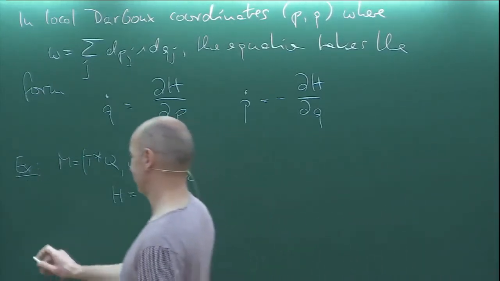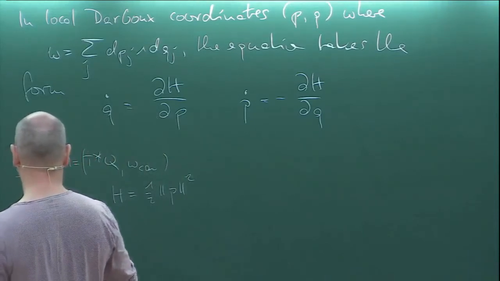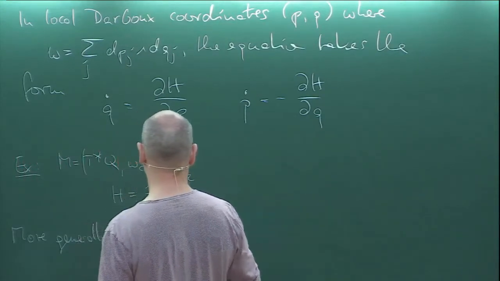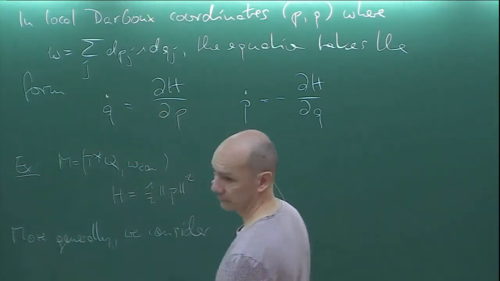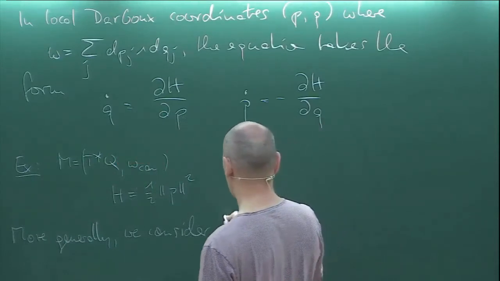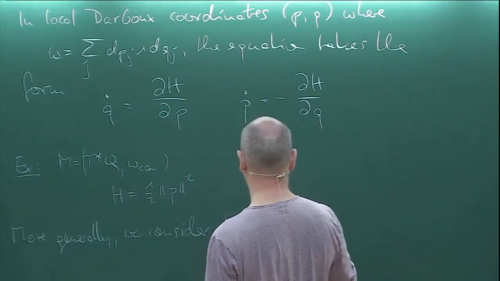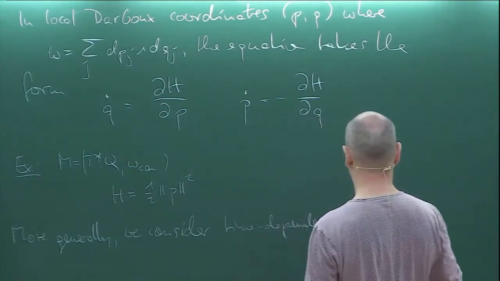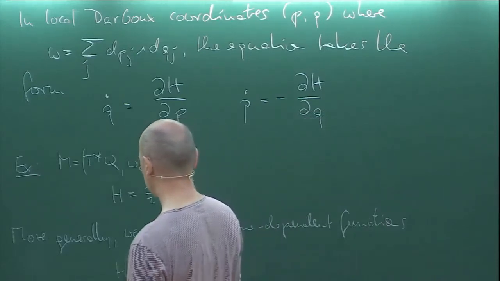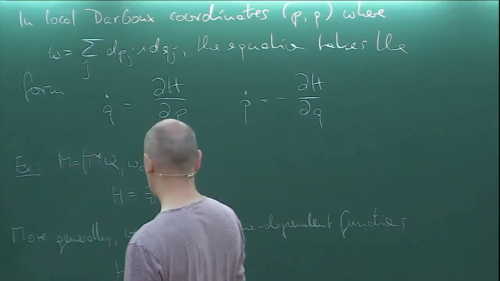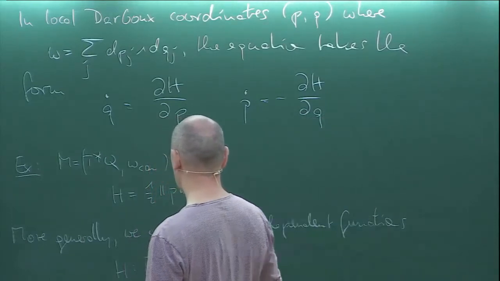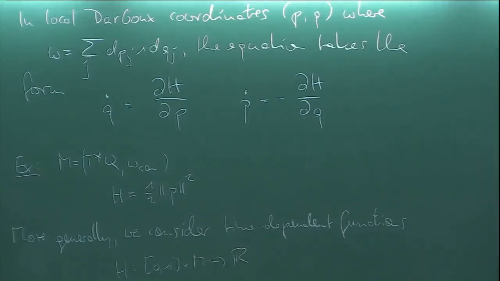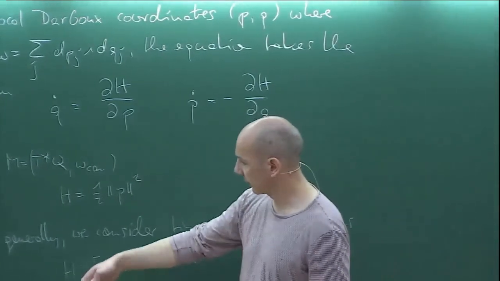So more generally, we consider time-dependent functions H. So these would be functions H which depend on a time parameter, let's say [0,1] times M into R, right? And then for each t in [0,1], we still get a usual function.